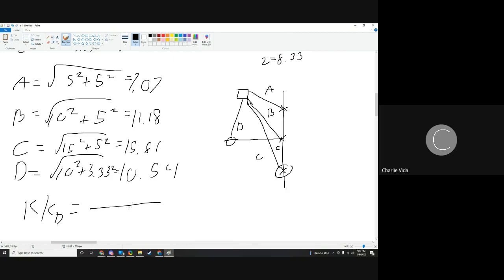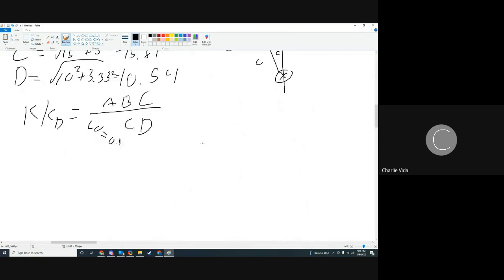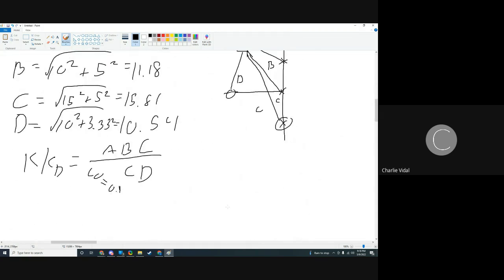So A is going to be A, B, C, and this one's going to be C and D. And there's also a CO, which is equal to 0.1, as stated over here. 0.1K, right? So we have that, and this is just going to give us a value of 75.